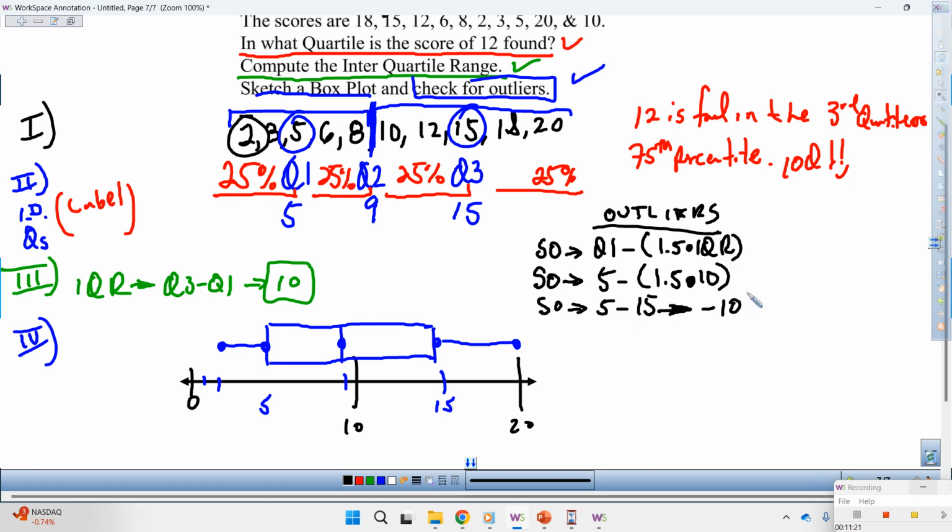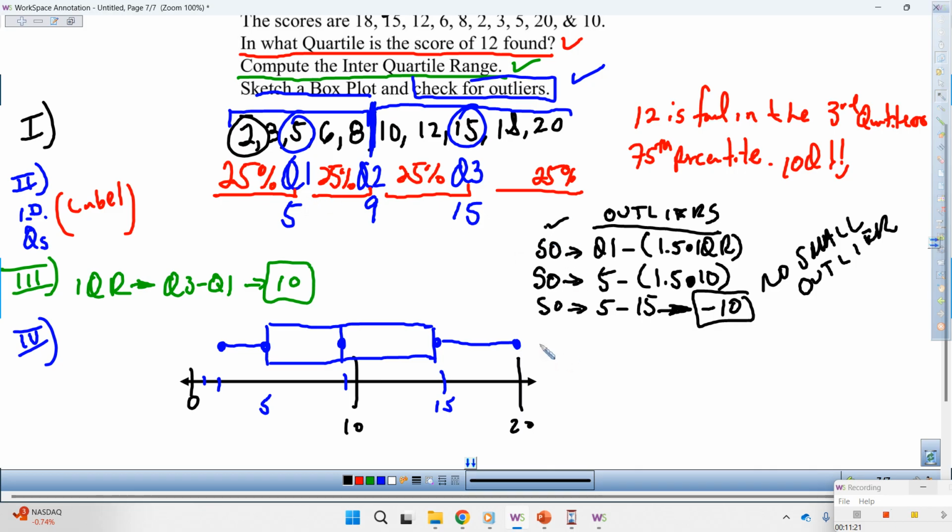Negative 10. Question. Do we have any negative numbers? Look at the data. Do we have any negative numbers? No, so we're going to write no small outlier. So that means that all these numbers on the small end belong to the data. So we're done checking the small.